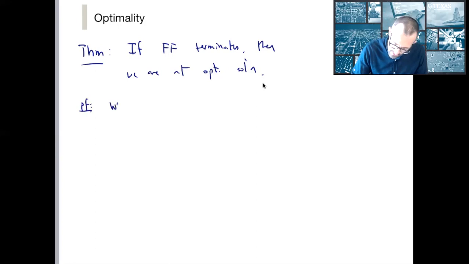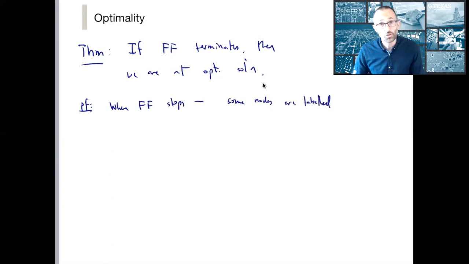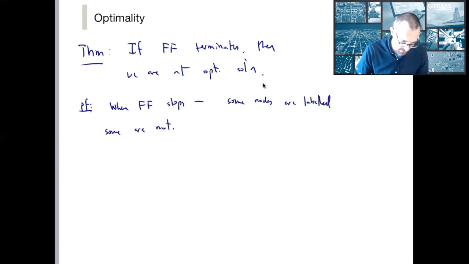So what happens when Ford Fulkerson stops? Some nodes are labeled, and by definition of the algorithm, S was labeled, and some are not.